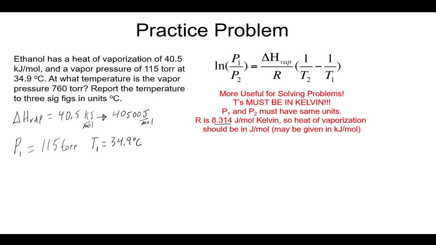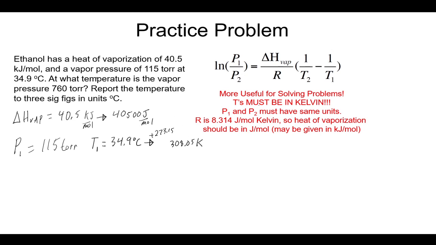But I remembered that Prof just yelled at us that the temperatures must be in Kelvin in all caps with 3 exclamation points, so I know it's important. And so I'm going to convert this 34.9 degrees Celsius plus 273.15, and now I have 308.05 Kelvin.